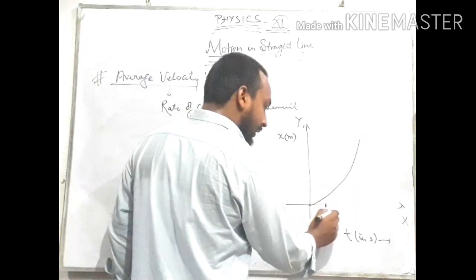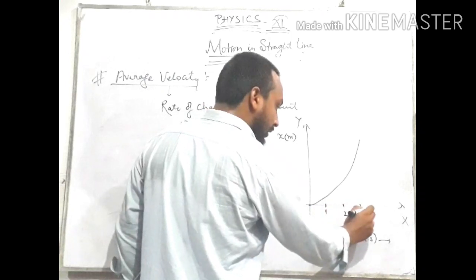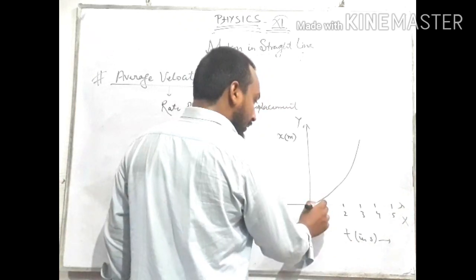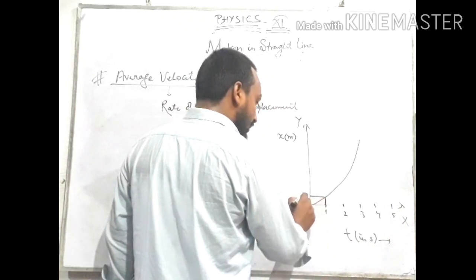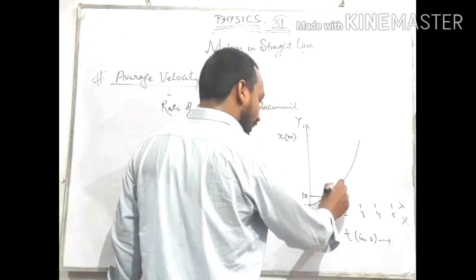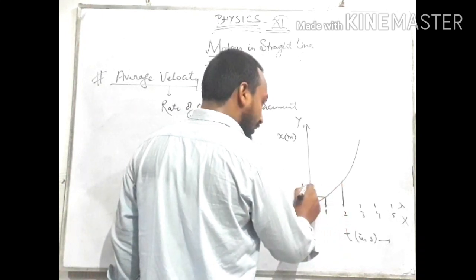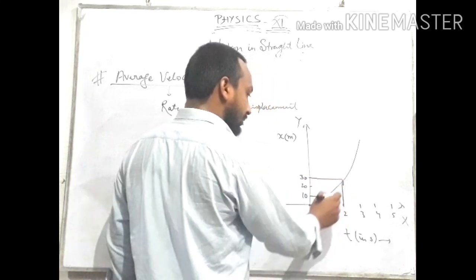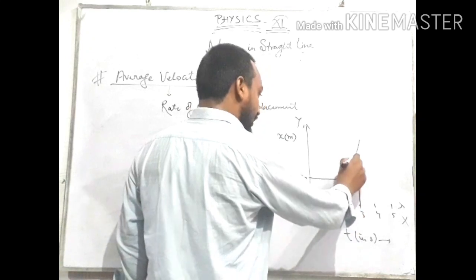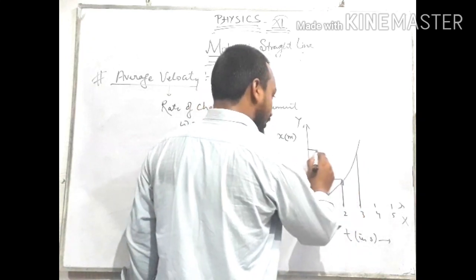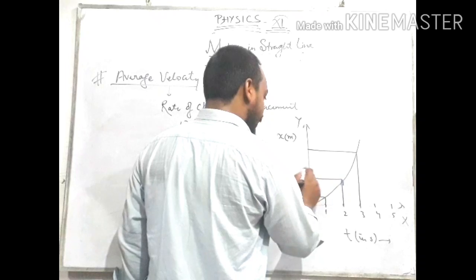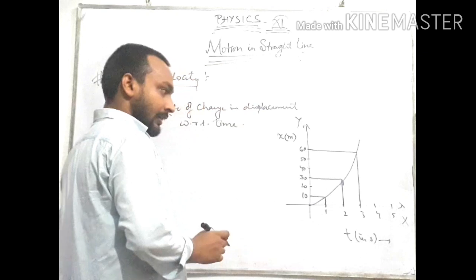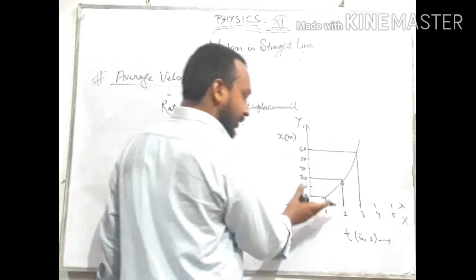Suppose in the first second it covers 10 meters, in the second second 30 meters, and in the third let it be 40, then 50, and here 60 meters. See, this is the displacement of the body.